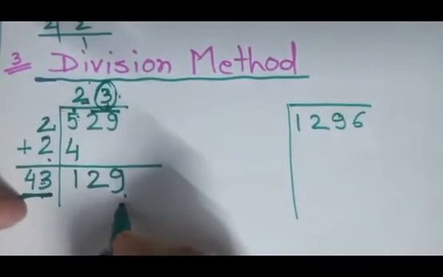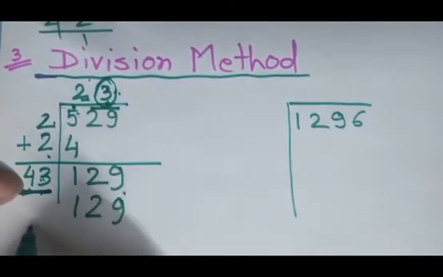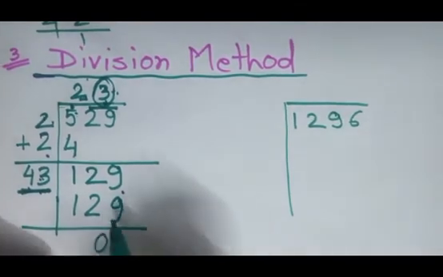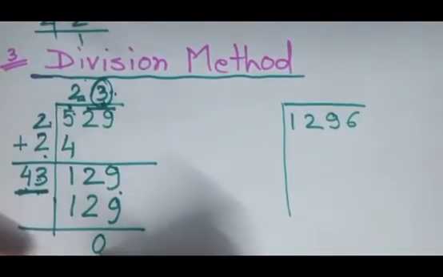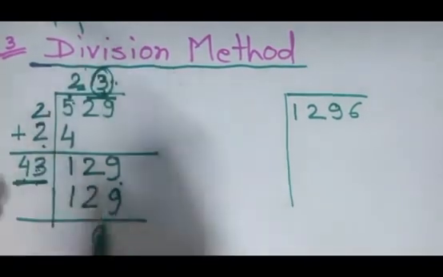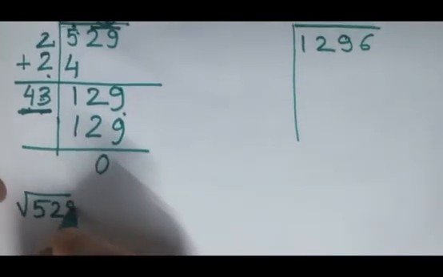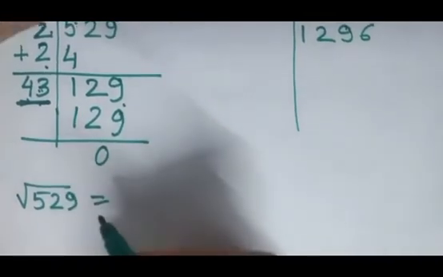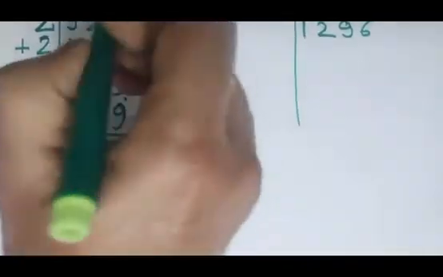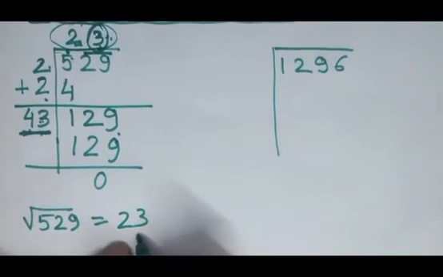So 3 3's are 9 and 3 4's are 12. Now we are getting the remainder 0. You have to proceed till you get the remainder 0, as in the division process. So we get the square root of 529 is 23. This 23, written above, is the square root of 529.